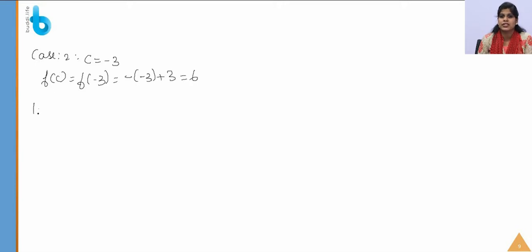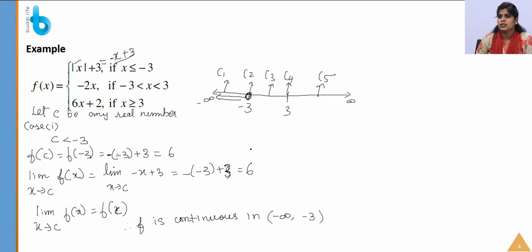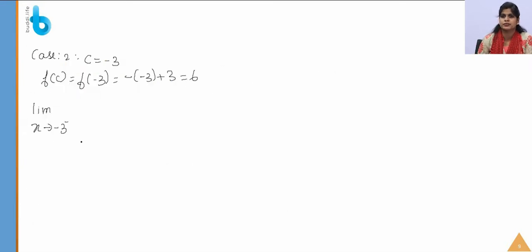Now we will first find the left hand limit. Limit x tends to, that is left hand limit of minus 3, that is to the left hand side of minus 3. Even here the left hand side of minus 3 there are so many values. So we will take that of f of x. To the left hand side of minus 3, what are the values? What is the function actually?